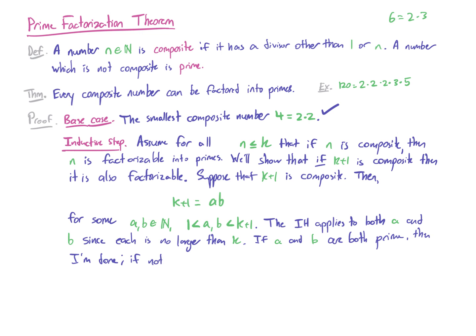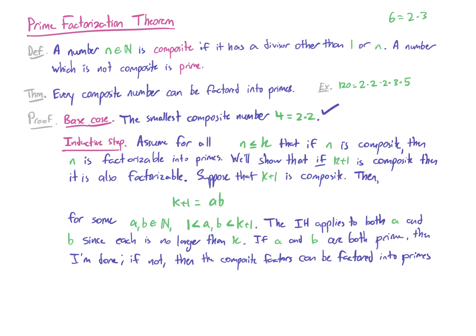If not, then the composite factors can be factored into primes. So in other words, I can factor a and then I can factor b, or if only one of them is factorizable, I can factor that one.